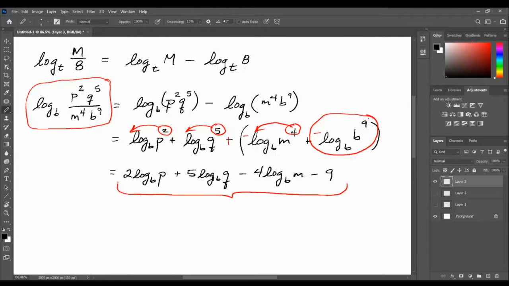And while having P, Q, M, and B here doesn't necessarily lend itself that way, if there were values in there for P, Q, M, and B, then splitting this up might very well make it much easier to do the calculation. And so I like to take the time to talk about this conceptually with the understanding that later there may be times where it will benefit us greatly to split this up, or even to combine things at a different time.